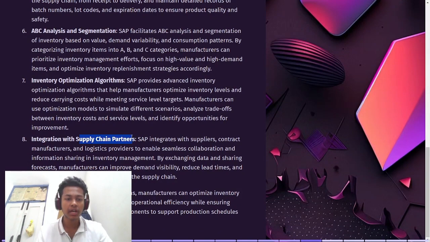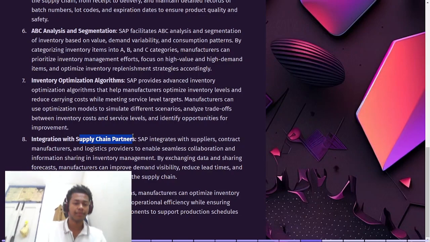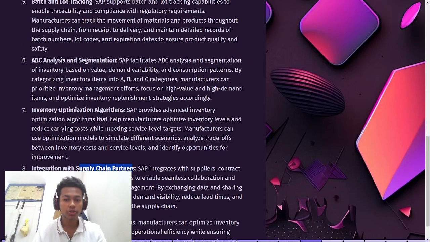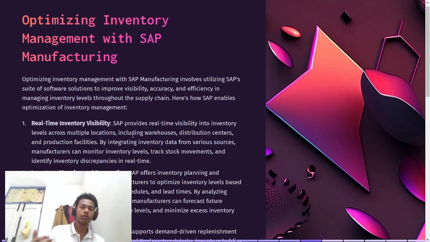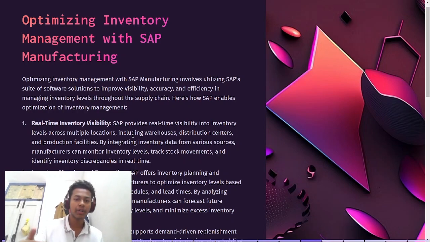Supply chain partners are collaborators with suppliers, which will help you track the inventory. So basically all these points will help you track the inventory, understand what you have and what you don't have, classify what you do not have, and get them based on resources that you do have.